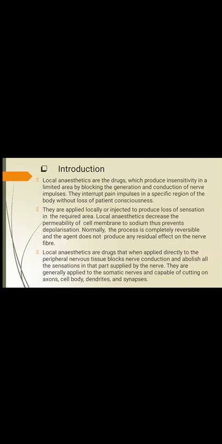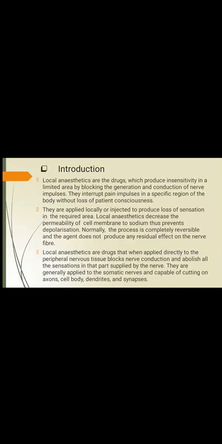In the introduction, we can say what are local anesthetics. These are the drugs which produce insensitivity in a limited area by blocking the generation and conduction of nerve impulses. They interrupt pain impulses in a specific region of the body without loss of patient consciousness.